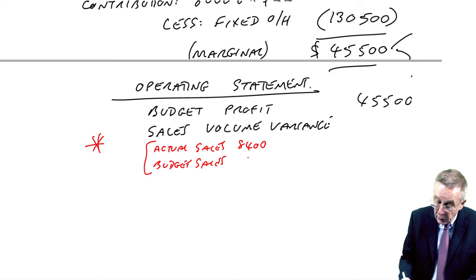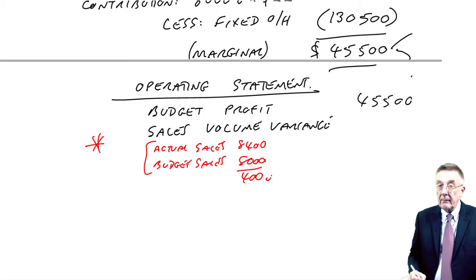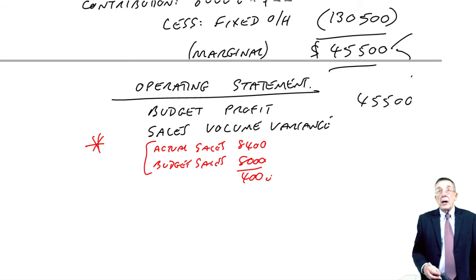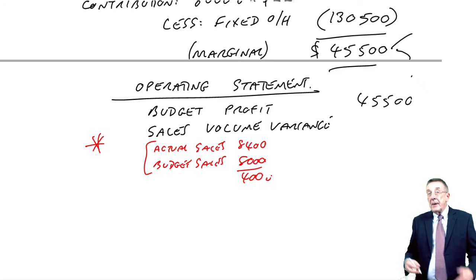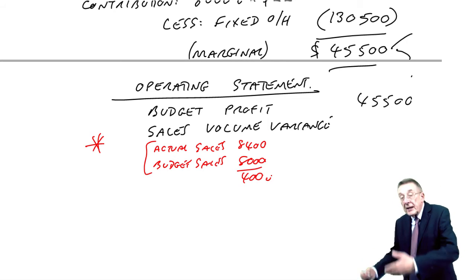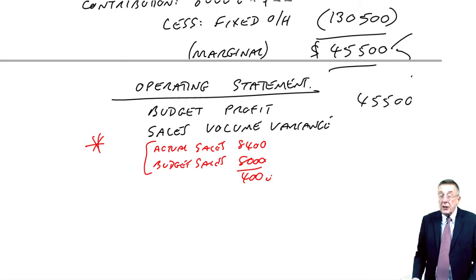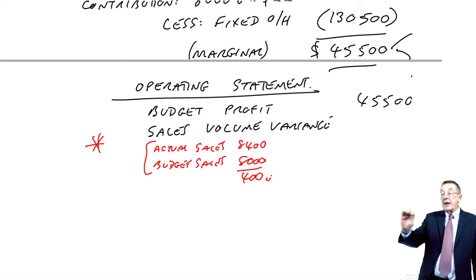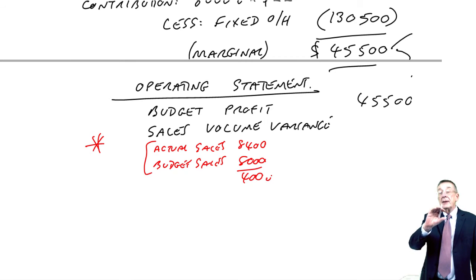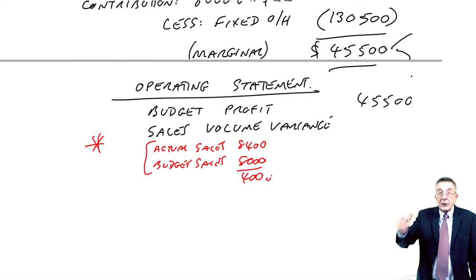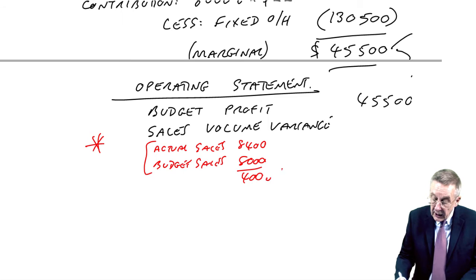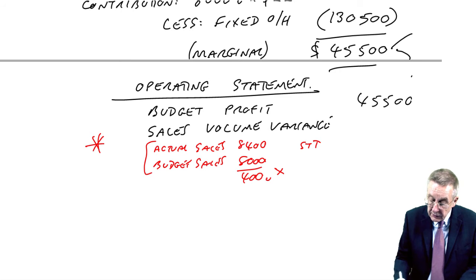We actually sold 8,400, we budgeted on 8,000, we sold 400 more units. When we were doing absorption costing, more units, more profit, we costed at standard profit per unit. With marginal costing, because fixed overheads stay fixed, extra units mean extra contribution.